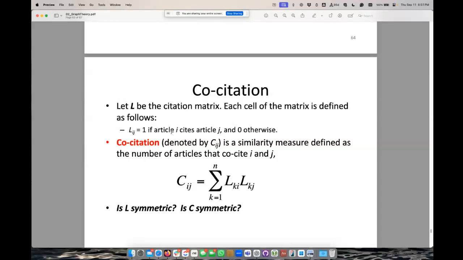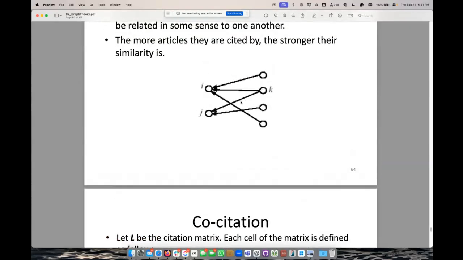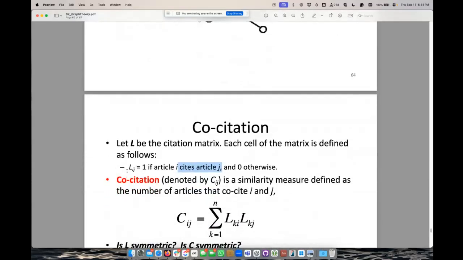If node I, or an individual I, connects to individual J, then you go to that cell in the matrix and put a 1. If they're not connected, you put a 0, right? So you start with this adjacency matrix of ones and zeros depending on who cites whom, right? Only in this case L_ij is going to be a directed network, because a citation network is directed. So you will find that L_ij is a non-symmetric, or asymmetric, matrix.